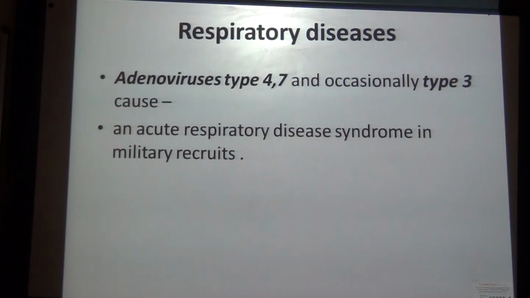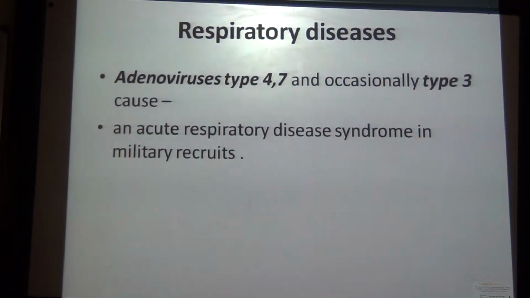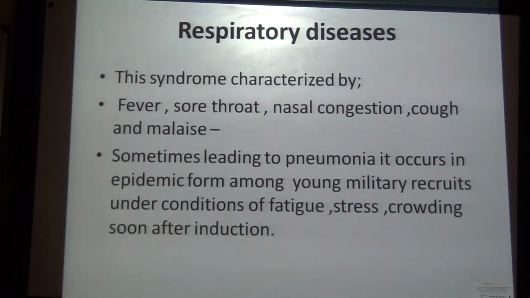There is another group of adenoviruses of types 4, 7 and 3. They cause acute respiratory disease syndrome in military recruits, and the syndrome is characterized by fever, sore throat, nasal congestion, cough and malaise.